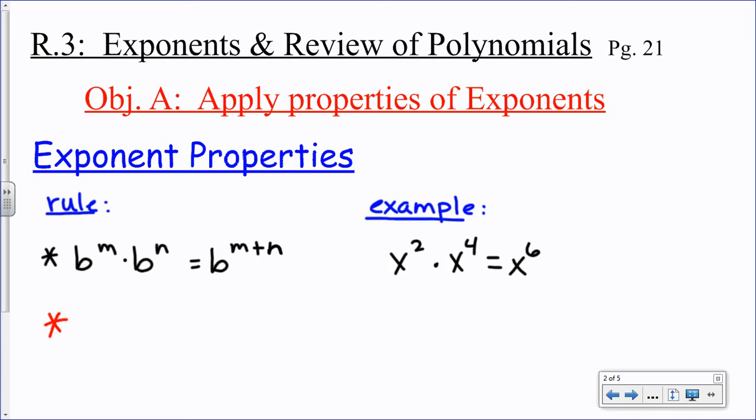Okay, we have the power to power property. So if you have an exponent inside and outside parentheses, then you're multiplying your exponents.